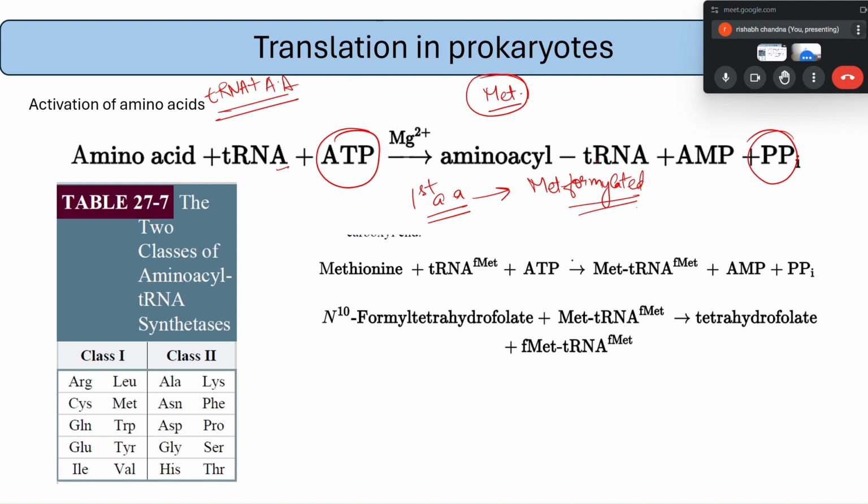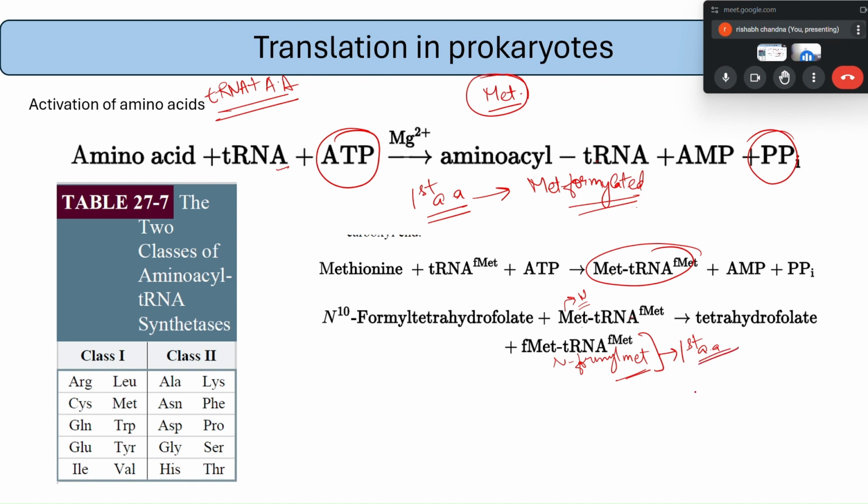The methionine is first added to the tRNA, and then this methionine is formylated using the formyl tetrahydrofolate, and this formyl group is added to the N terminal of the methionine. That is, it forms the N formyl methionine, and this is the first amino acid that is added to the codon.